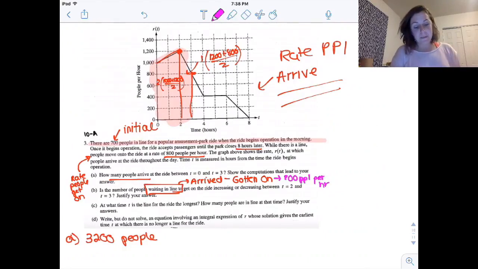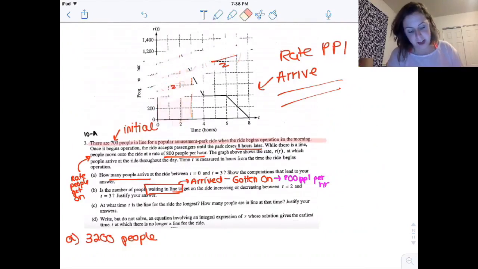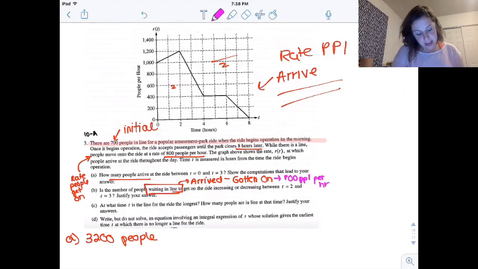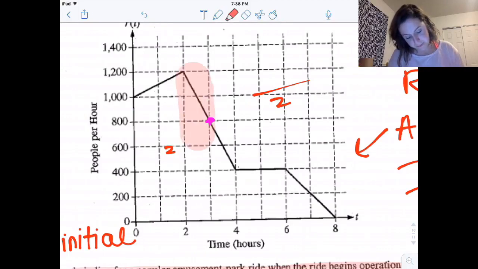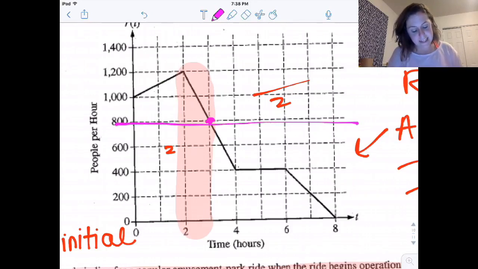If I look at this graph, between t equals 2 and t equals 3, in this region right here, notice what happens. At t equals 3, it is exactly 800 people per hour arriving. But before that, between 2 and 3, we've got more than 800 people per hour.